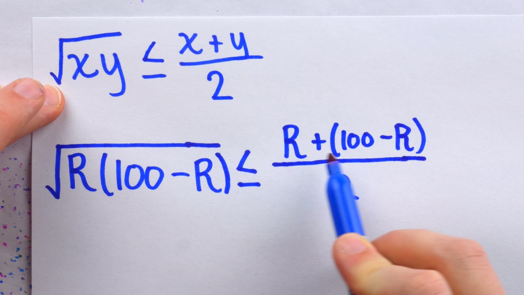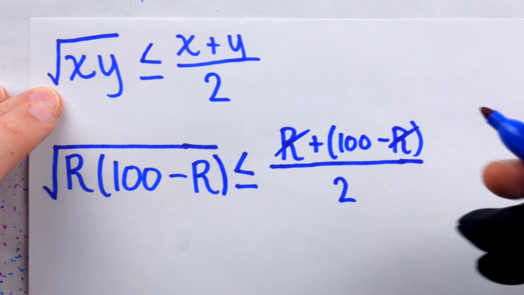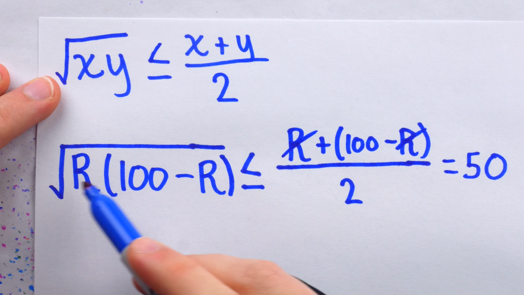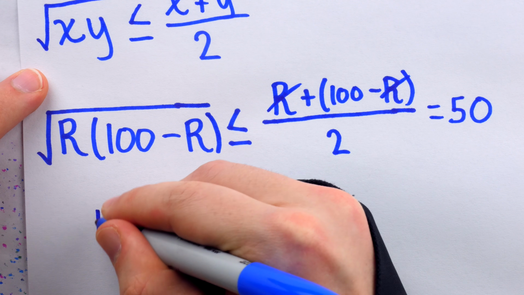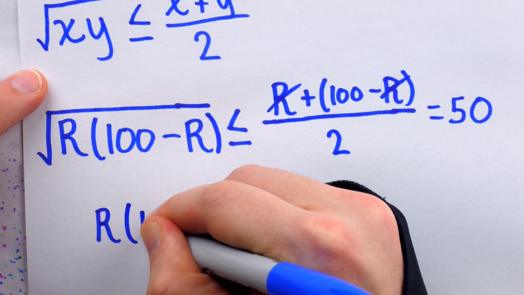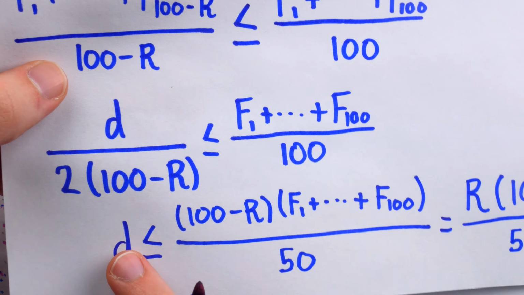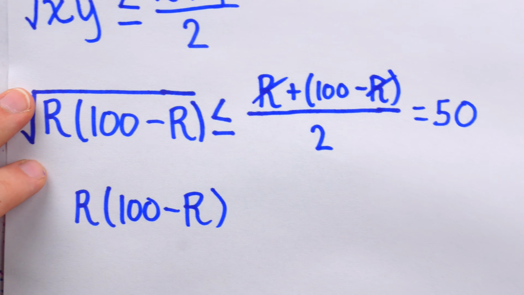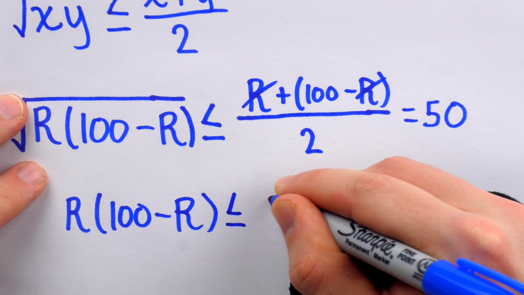Of course, r plus 100 minus r is just 100, so this is 100 over 2, which is equal to 50. Okay, so the square root of this product is less than or equal to 50. Let's go ahead and square both sides, and thus we get that r times 100 minus r, which remember is in the numerator in our expression that's greater than or equal to d, r times 100 minus r must be less than or equal to 50 squared.